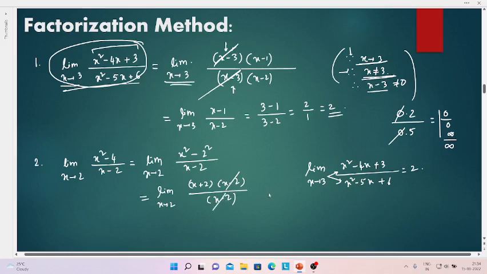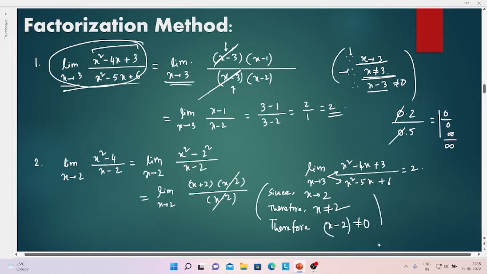We have to write here that since x tending to 2, therefore x is not equal to 2, therefore x minus 2 is not equal to 0. Since x minus 2 is not equal to 0, we can cancel this. We have already told you how we can cancel this, right? So the function will become limit x tends to 2, x plus 2.